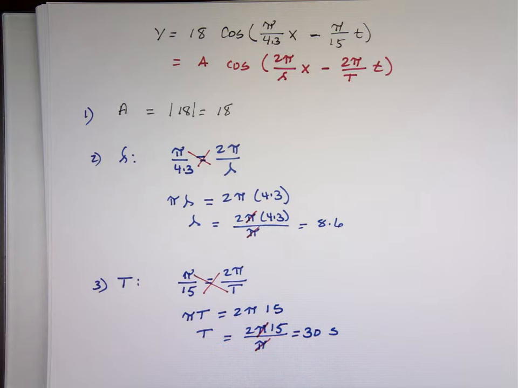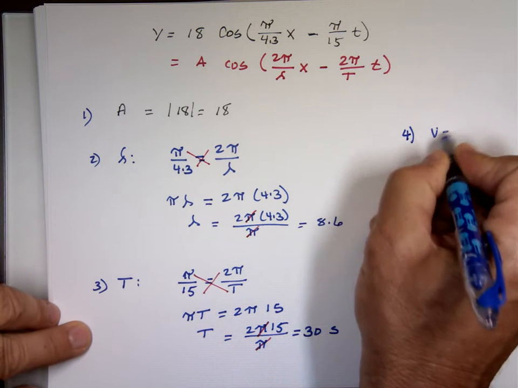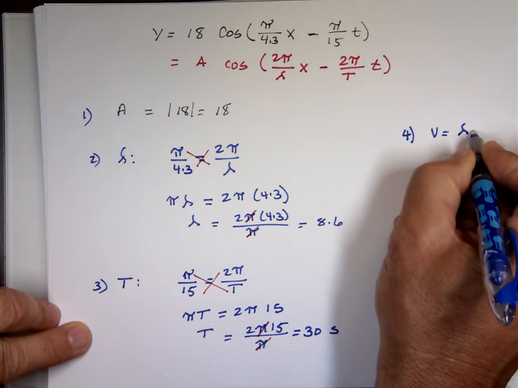And the last question is, what is the speed? How fast is that wave traveling? Question 4, velocity. We know velocity of a wave is lambda times what?